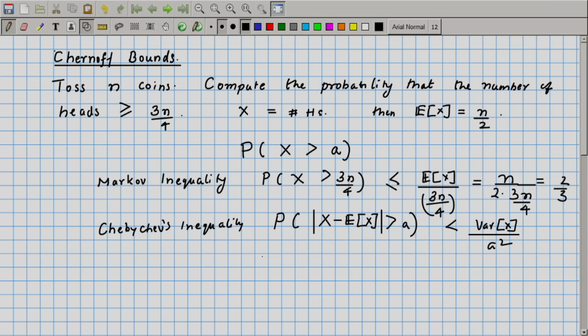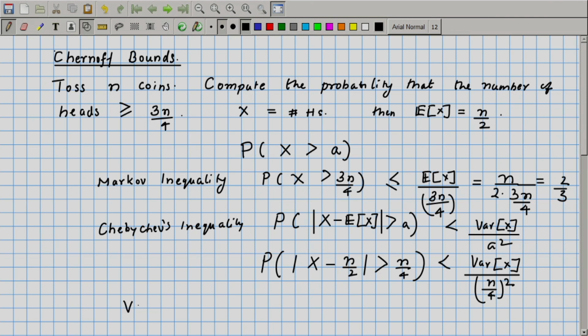So, we have probability that x minus n by 2 is greater than n by 4. Whenever x is greater than 3n by 4, x minus n by 2, the absolute value of that, is going to be greater than n by 4. This happens with probability less than variance of x divided by n by 4 the whole square.